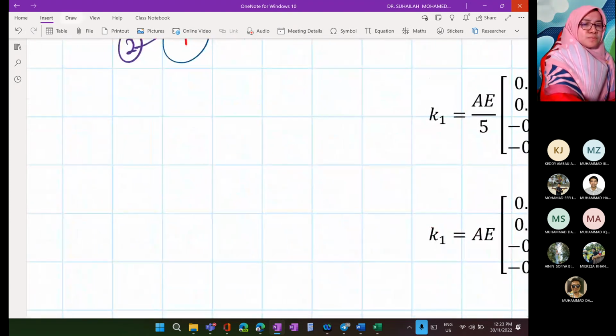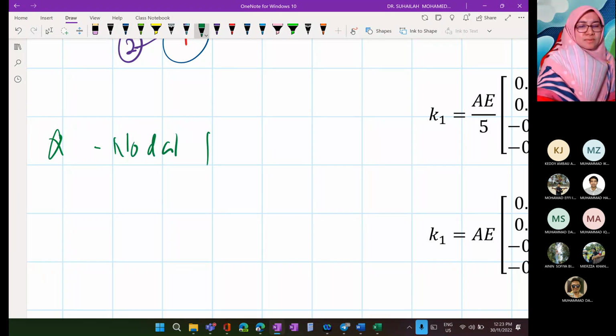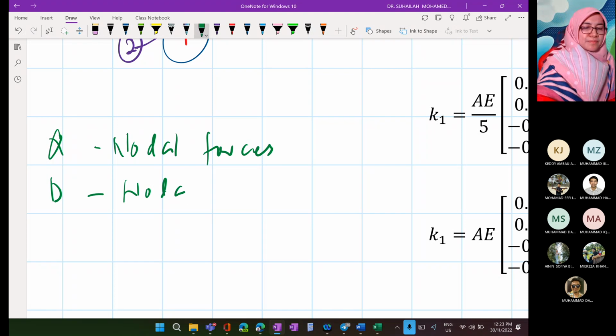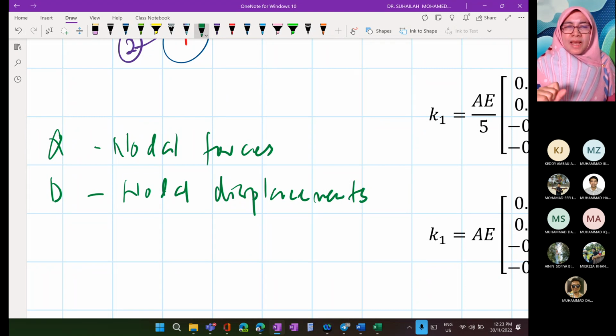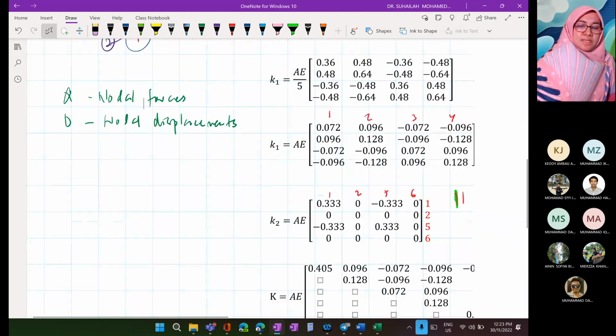We have Q, which we call nodal forces, and we have D, which we call nodal displacement. Okay, means that we will produce Q1 until Q6, D1 until D6.